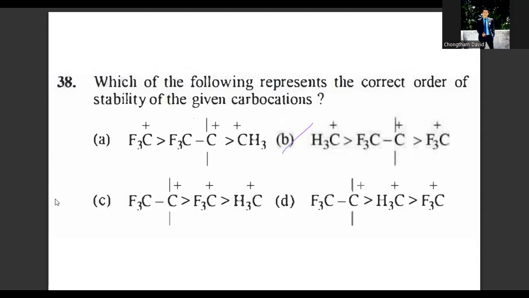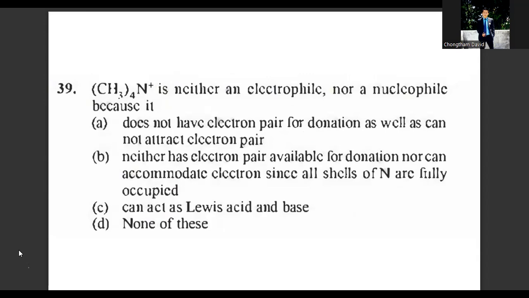39. This is a quaternary salt. It's neither an electrophile nor a nucleophile because the octet around nitrogen is incomplete. Okay, how many electrons? We have 7 electrons. It is incomplete.